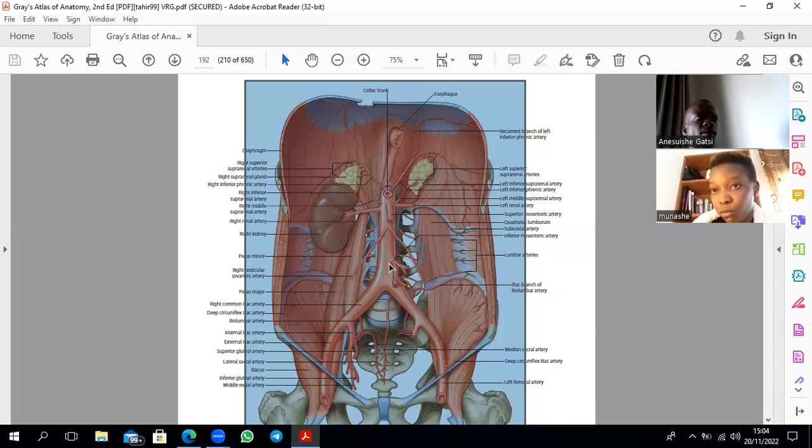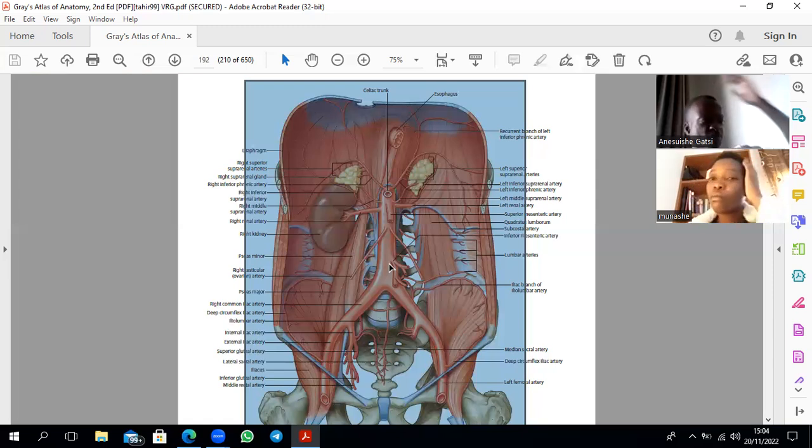Then the last set, we call them 5 anterior abdominal wall branches. And anterior abdominal wall, we are going back to what we were talking about: skin, superficial fascia, and so on.